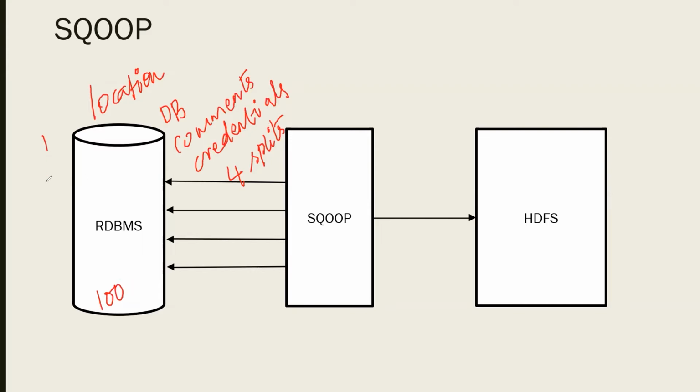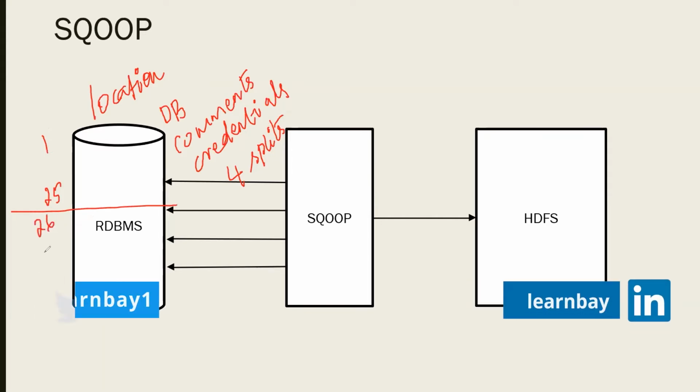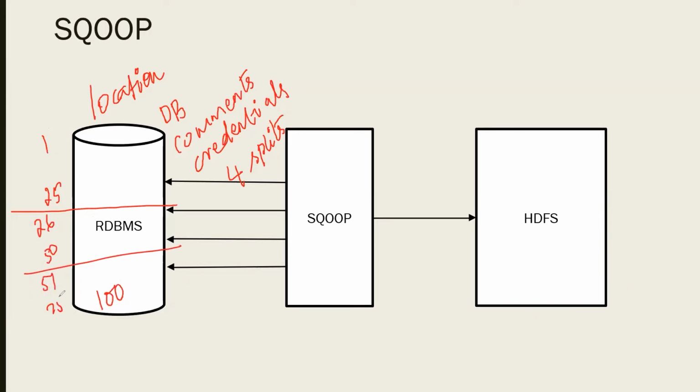Then records 1 to 25 will be stored in one split, 26 to 50 in another, similarly 51 to 75, and 76 to 100. So it takes 4 splits of records, and all these 4 splits will be read in parallel and pushed inside one single HDFS directory.